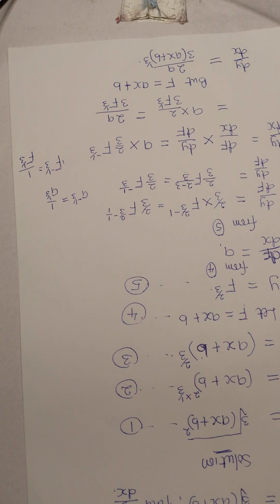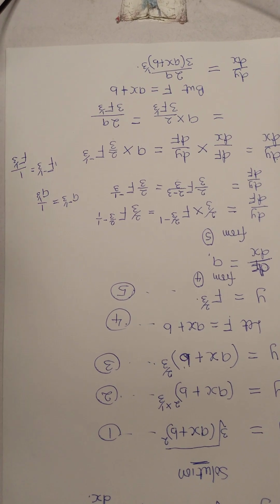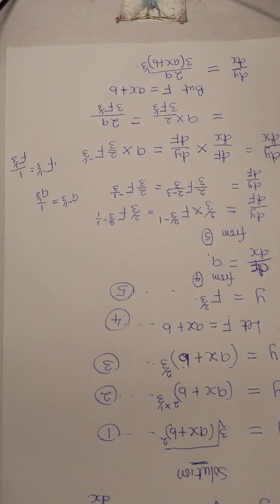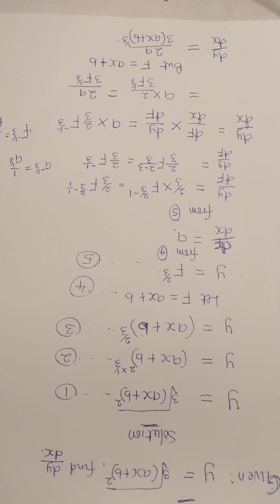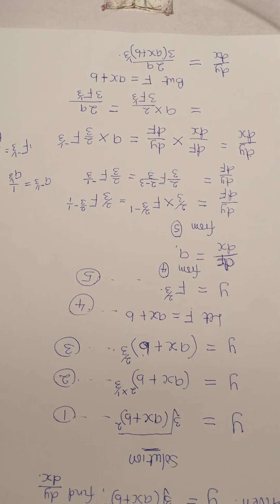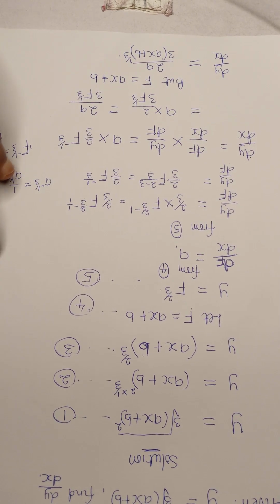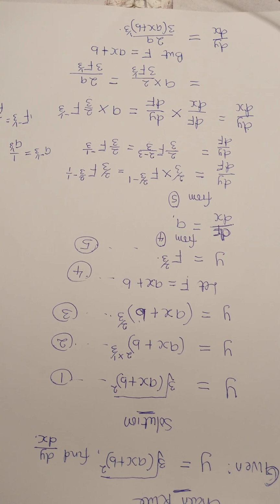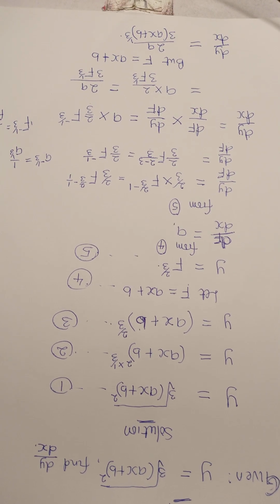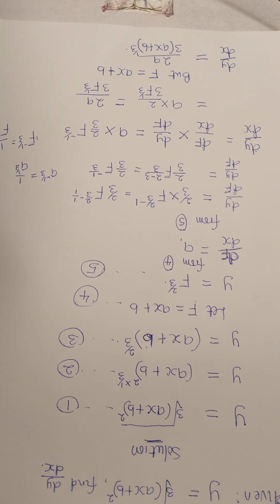So viewers, we've been able to solve that question. We've gotten to the end, and that will be the value of our dy dx for that question. We've applied chain rule in solving it.